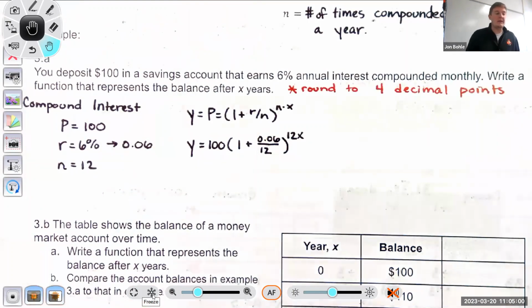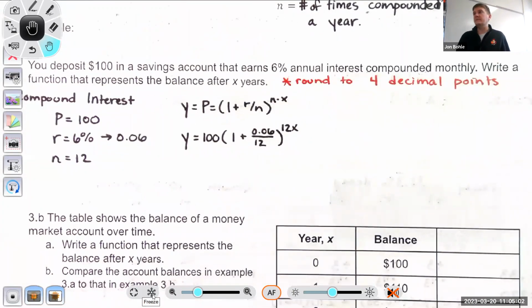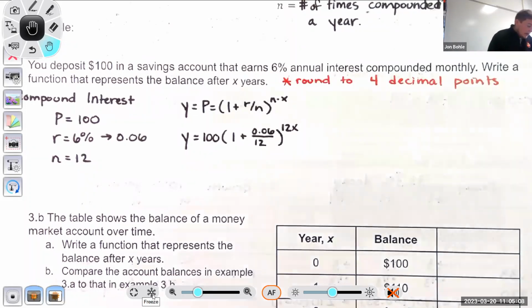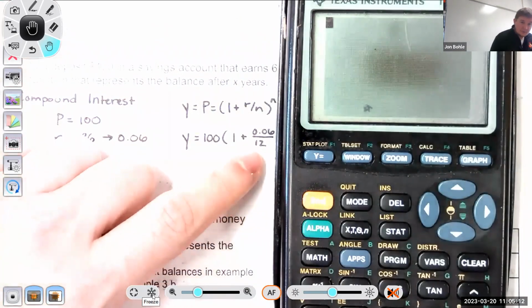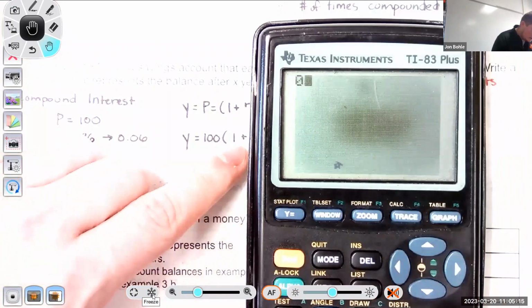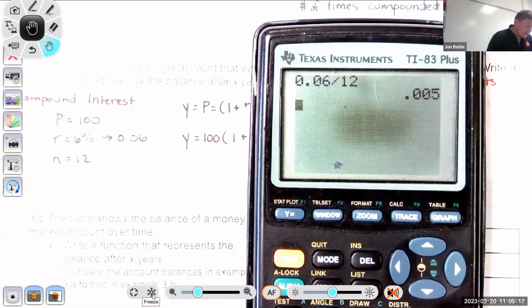I'm arbitrarily picking that. We could have done 2, we could have done 3. I think 4 is going to give us a fairly accurate number. Now I'm going to figure out what 0.06 divided by 12 is. Oh, that ended up being pretty nice. 0.005.